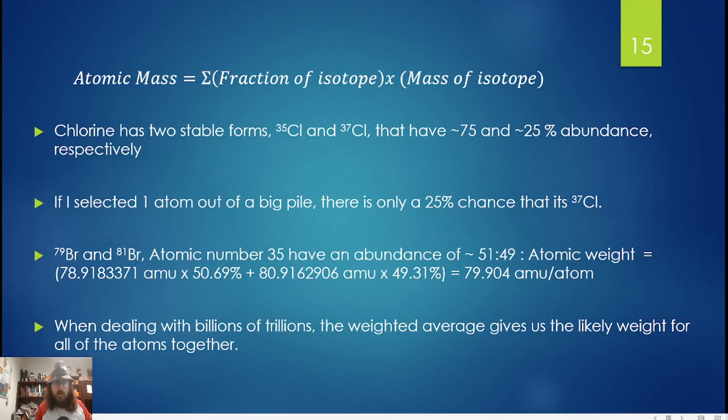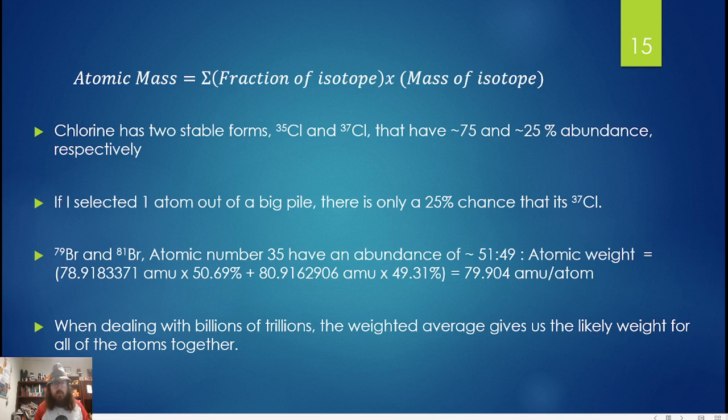So, with that in mind, bromine is another big one. Bromine 79 and bromine 81. These guys are almost evenly divided. We have a 51-49 abundance percentage. Almost that, not quite that.